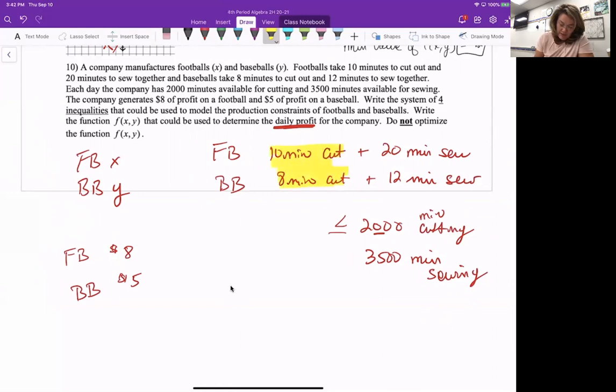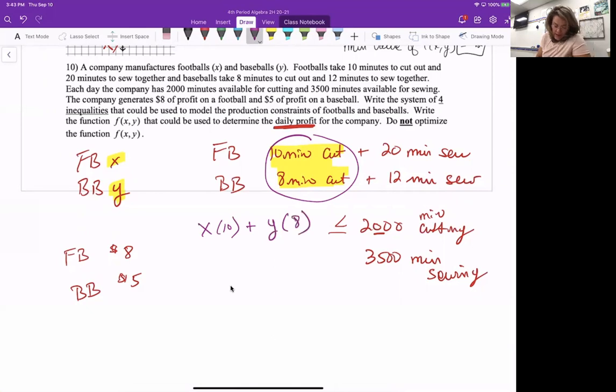A football, which is X, takes 10 minutes to cut. Plus the baseball, which is Y, takes 8 minutes to cut. Those added together have to be less than or equal to 2,000 minutes, because that's all they have available for cutting.